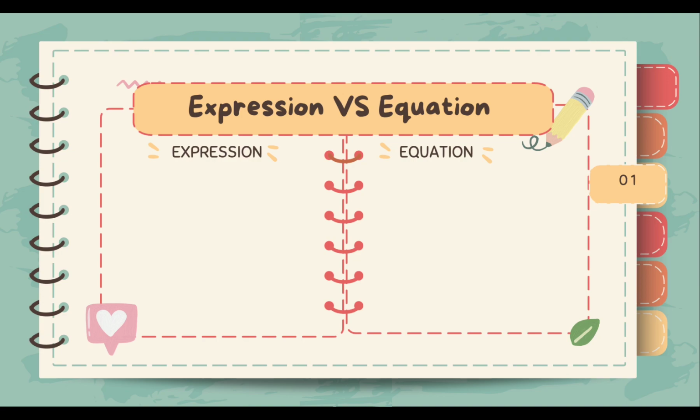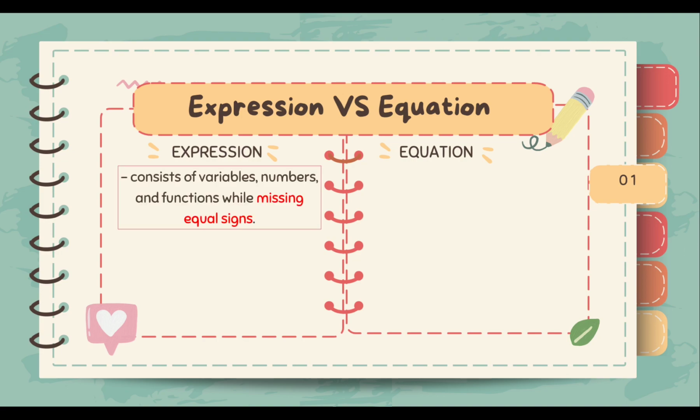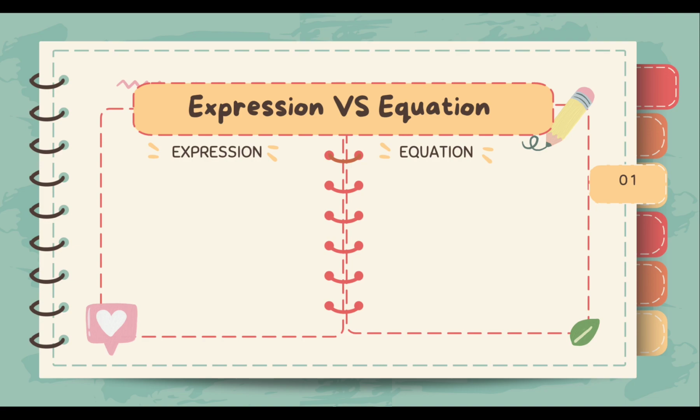So what's the basic difference between expression versus an equation? An expression consists of variables, numbers, and functions or operations, while missing the equality symbol or the equal sign. Say, for example, 8x minus 3x plus 2 minus 8.